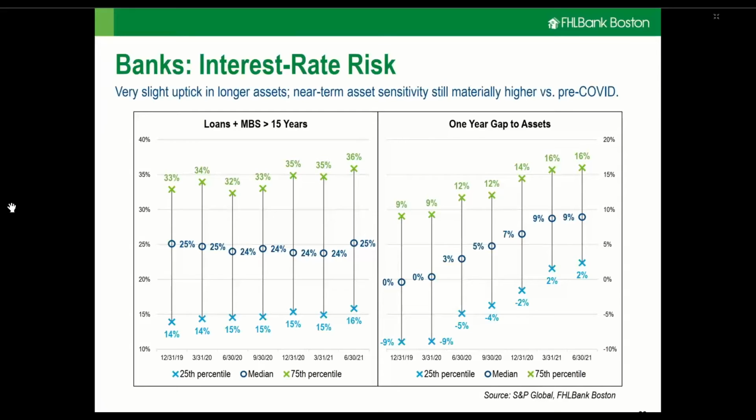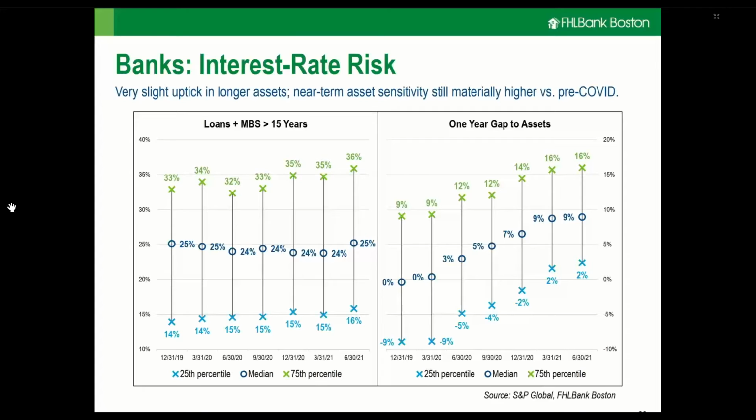So in fact, the bank who's in the 25th percentile right now in terms of the 1-year gap, which would be higher signs of liability sensitivity, rewind back to December of 2019, pre-pandemic, and that same level of gap would put them more towards the asset sensitive side of things. So a pretty remarkable shift.